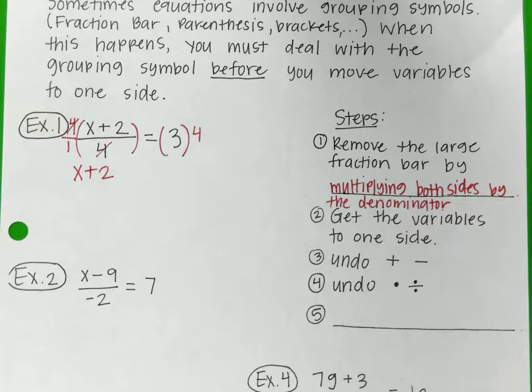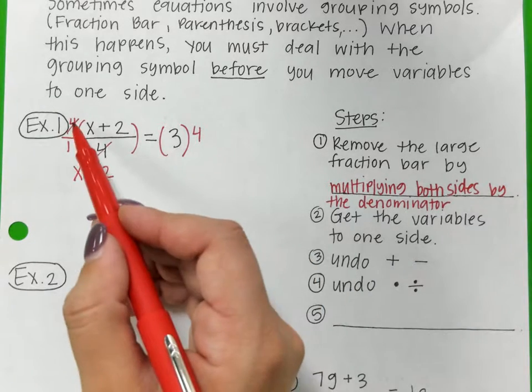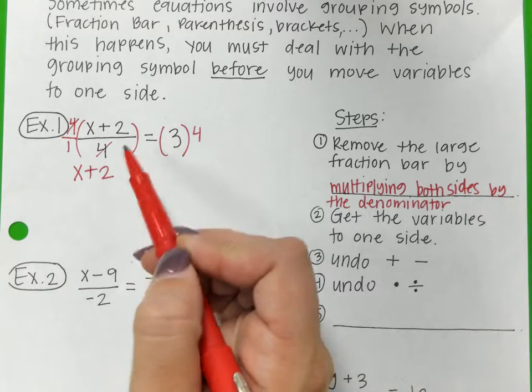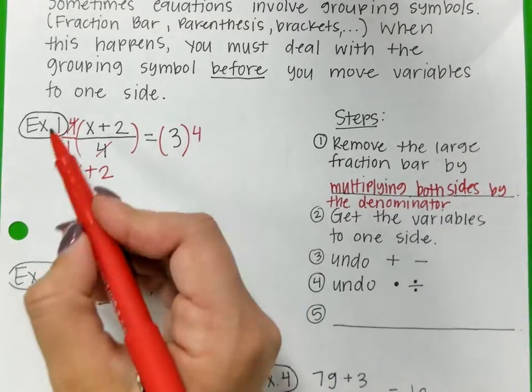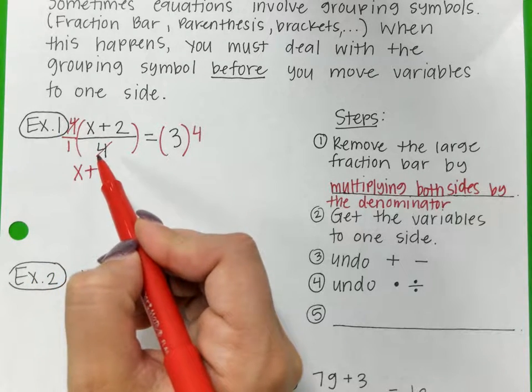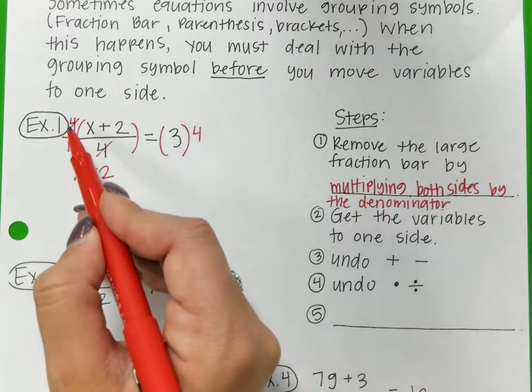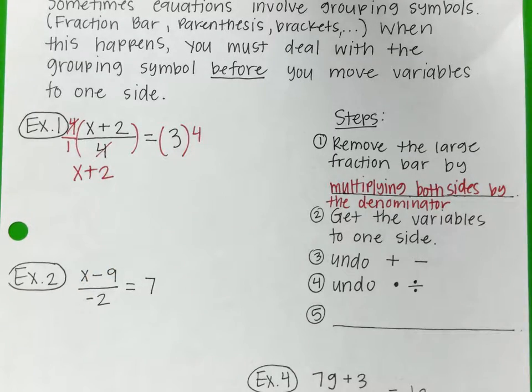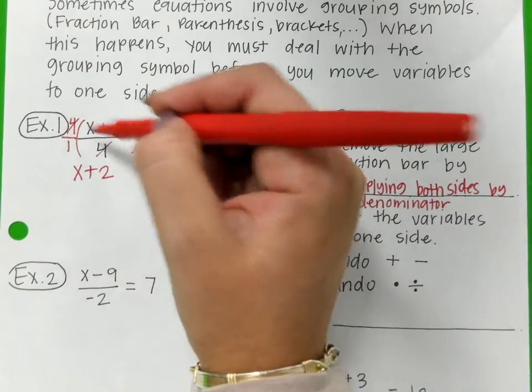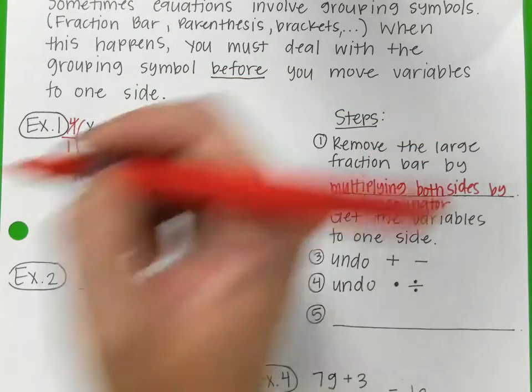So if 4 is across from 4, they're the same number, so that means it's 1. Same as if I had 2 over 4, I could cross cancel, and that 2 could become a 1, and that 4 becomes a 2, because you can take out a 2 from both those numbers. So that's why those cancel. Does that make sense?